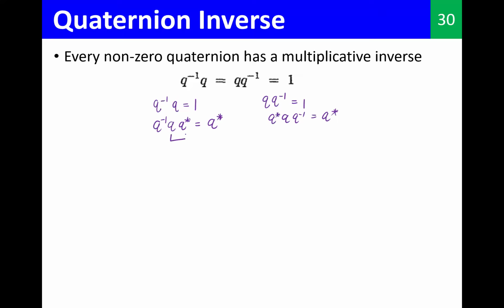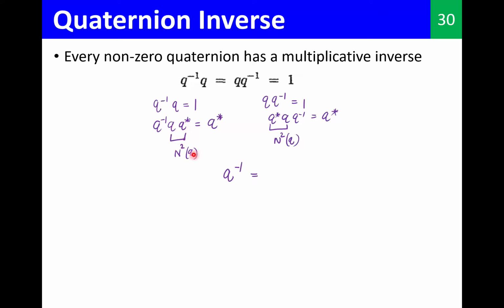Now, this guy is actually the norm, right? The scale that tells you the magnitude. So from both these two equations, I can write Q inverse is equal to, so this guy can go to this side, right?